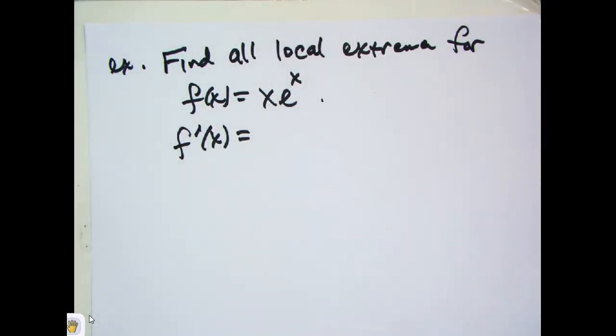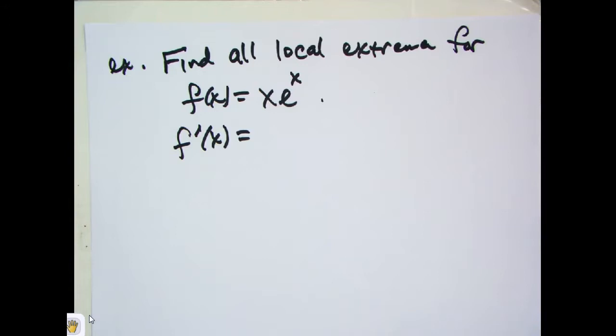So what? Did she use the product rule? Because she has two functions. She has f of x times g of x. So doesn't she have to use the product rule? Oh, okay. So what's the derivative using the product rule? The first times the derivative of the second plus the second times the derivative of the first. Okay.